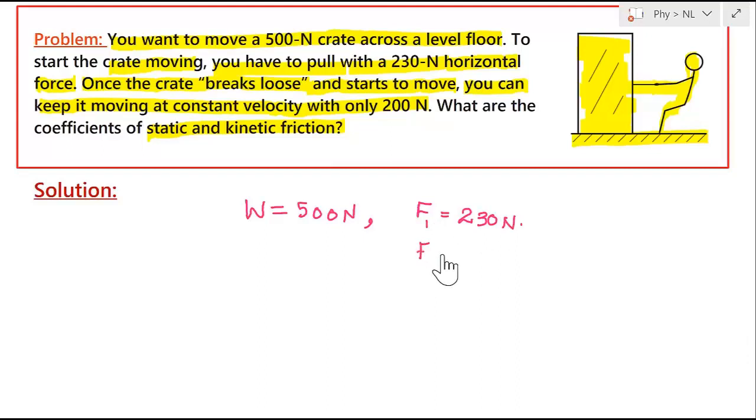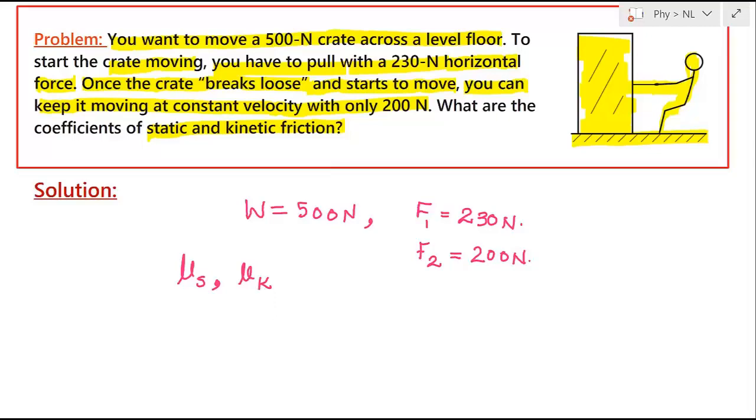And when this is moving with a constant velocity, the force required is 200 Newton. So these two forces are given. And what is my target variable? The unknowns in this case are the coefficient of static friction and the coefficient of kinetic friction, that is mu s and mu k.